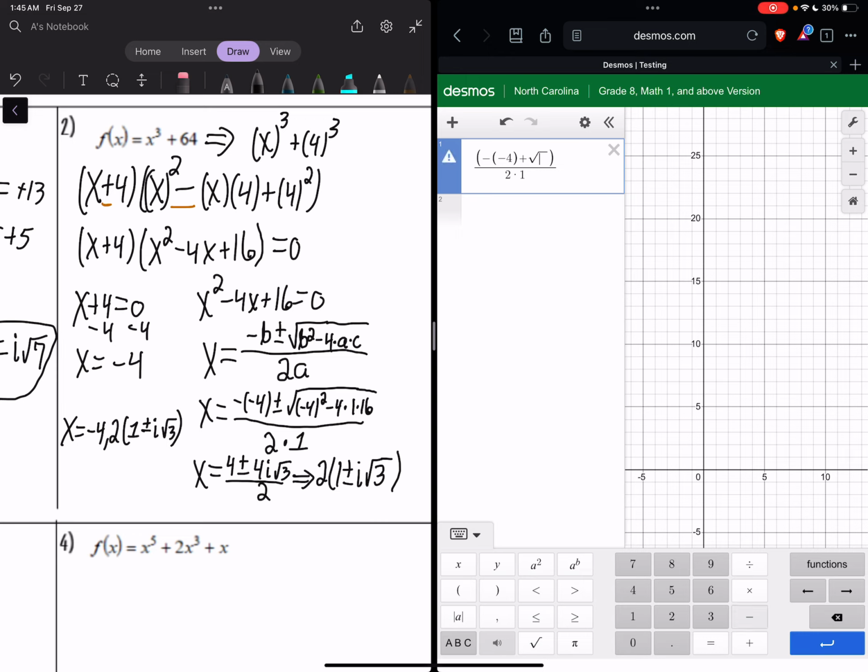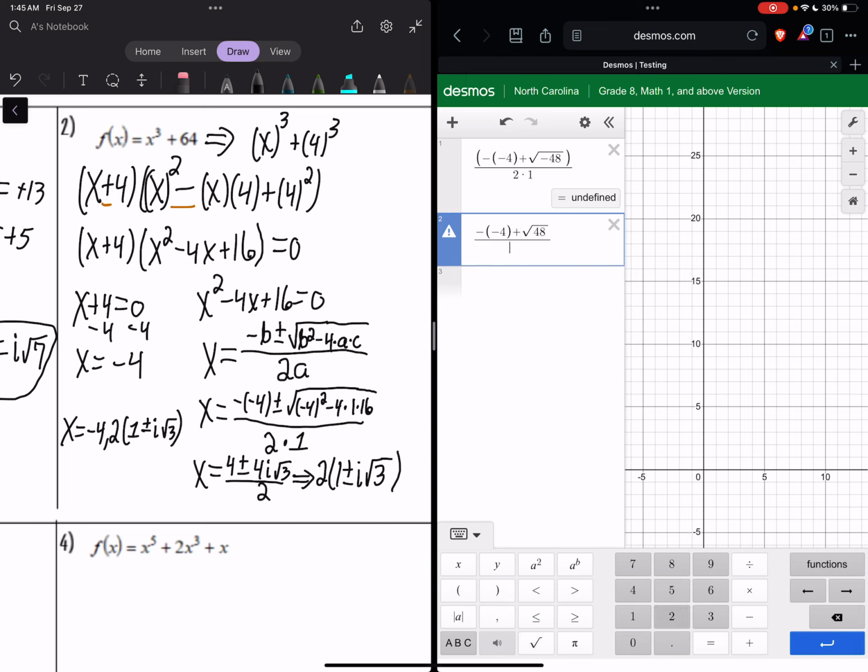As we have already established, this is negative 48. However, if I'm given answer choices, such as the 2 times the quantity 1 plus or minus i square root 3 that I have here, I'm going to retype this in. And the way I'm going to cheat is I'm going to take out the negative.